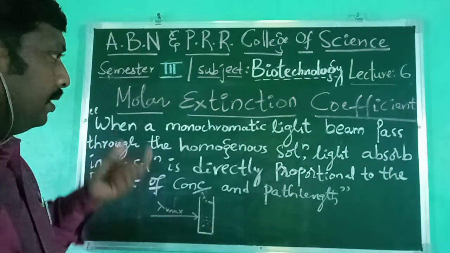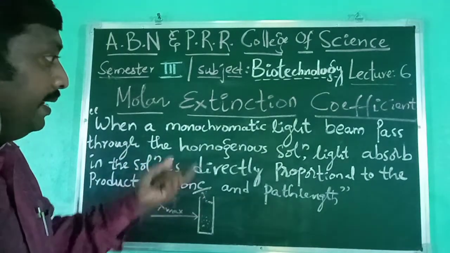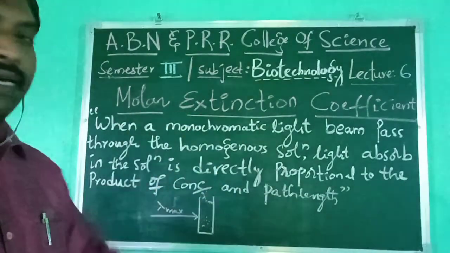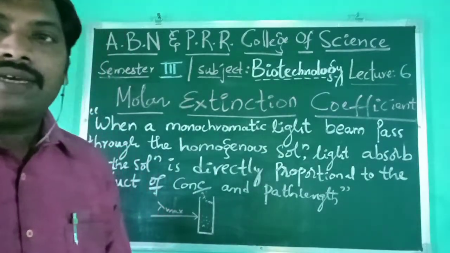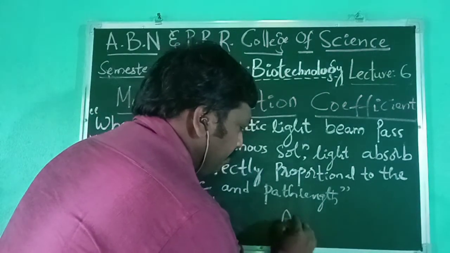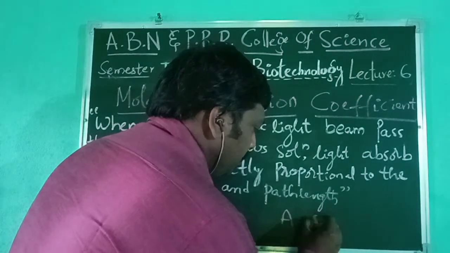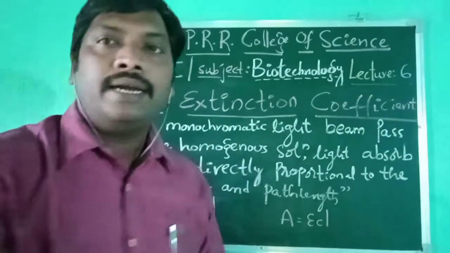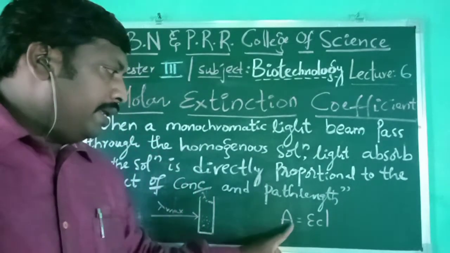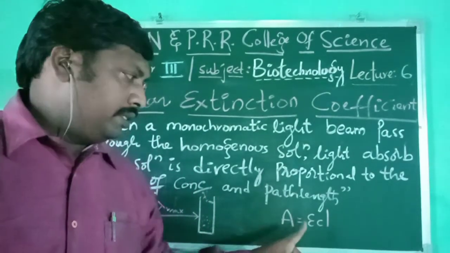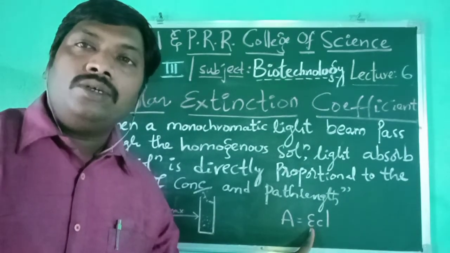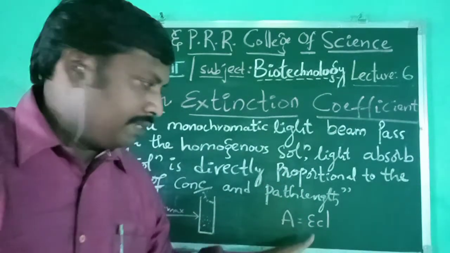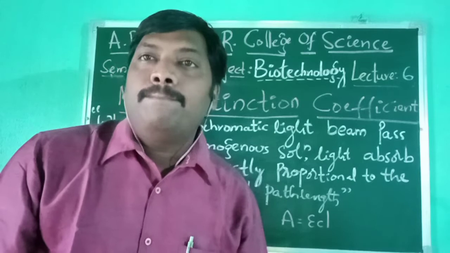The absorbance of the solution is directly proportional to the product of concentration and path length. This is otherwise written as A equals epsilon C L, where A stands for absorbance, epsilon is the molar extinction coefficient, C is the concentration, and L is the path length.